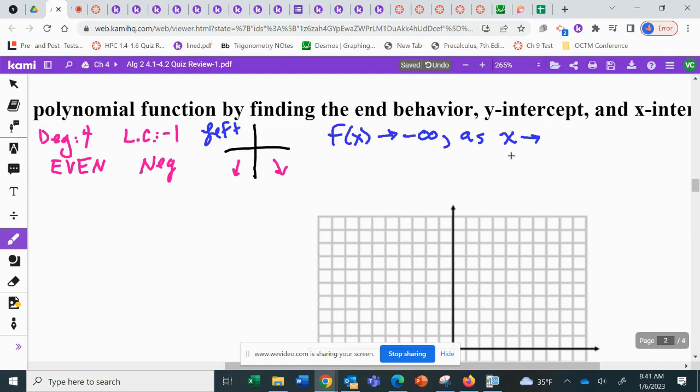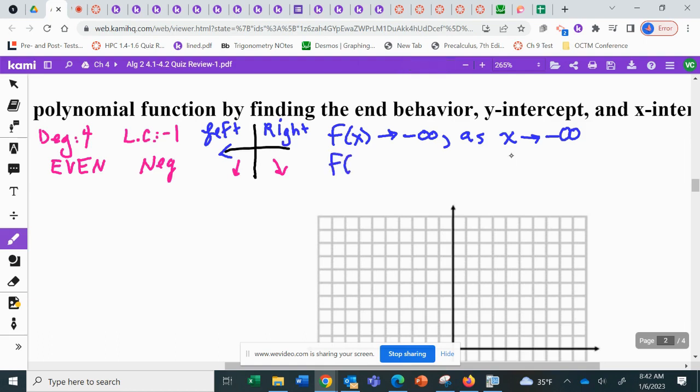The x section of this is always the same, in the same order. We always go from left to right. Which x is left? Which infinity for the x? Negative. Okay. And then we write the right side.